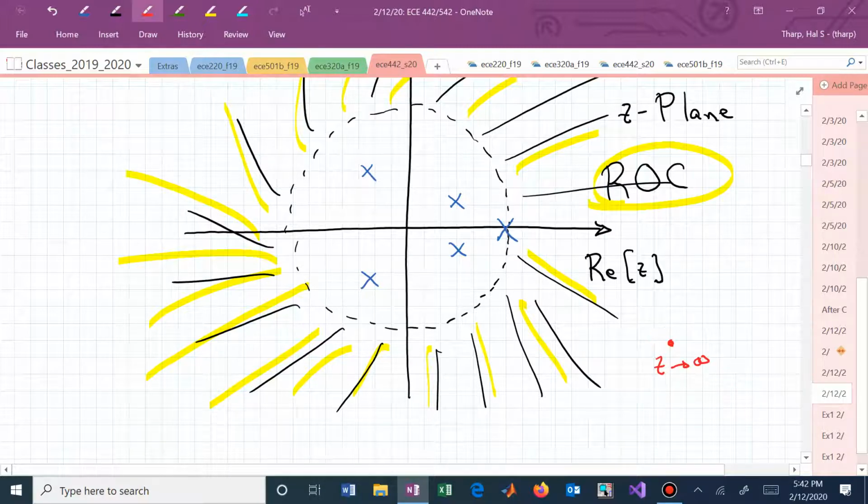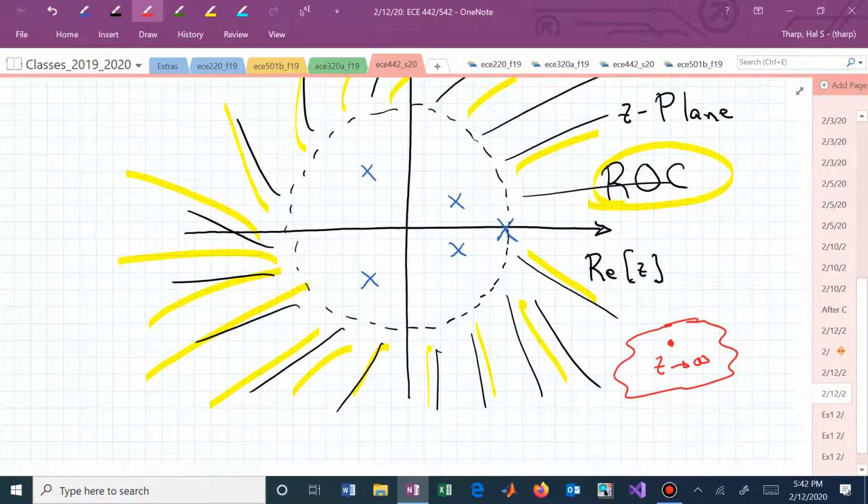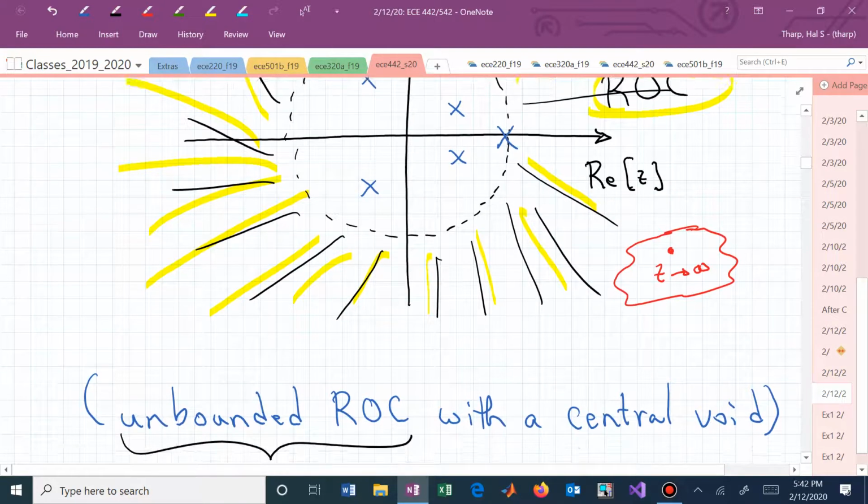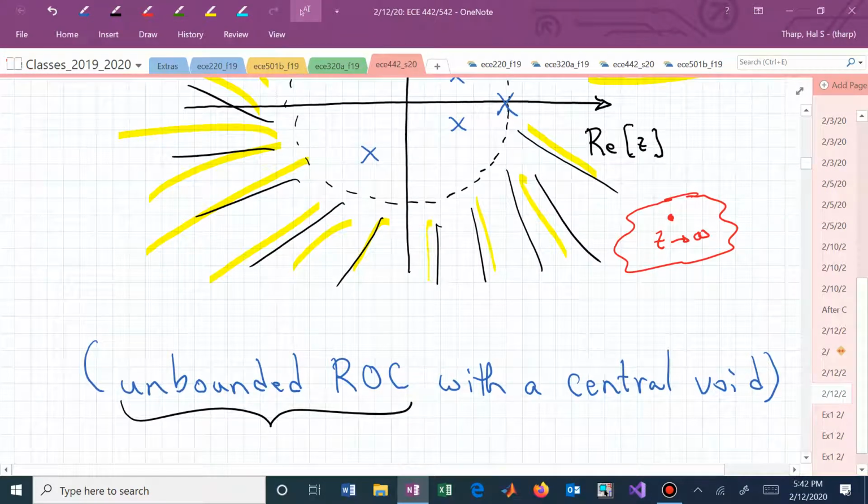Maybe I should put it in the cloud since everything's in the cloud. That's the point going off to infinity. Do you see now that the region of convergence here is unbounded? It's not bounded by a box or a circle at the external perimeter because it's going off to infinity.